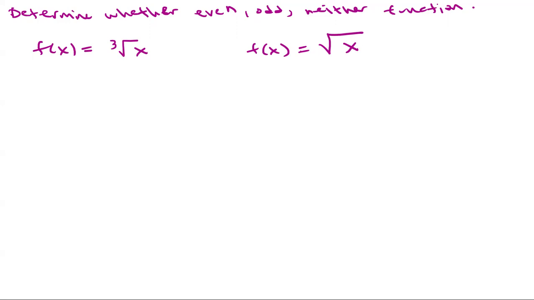Okay, so again, we want to determine whether each of these functions is either even, odd, or neither. And so before we do that, let's explore the negative. So if I have the cubic root of -1 versus the square root of -1, right?